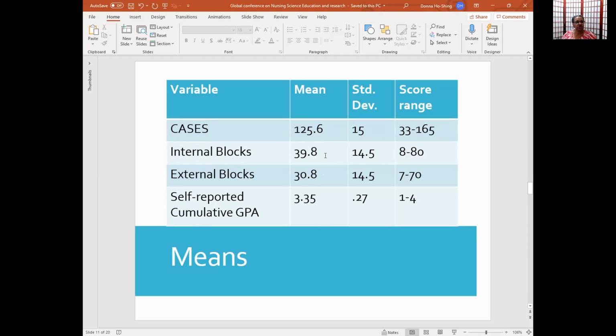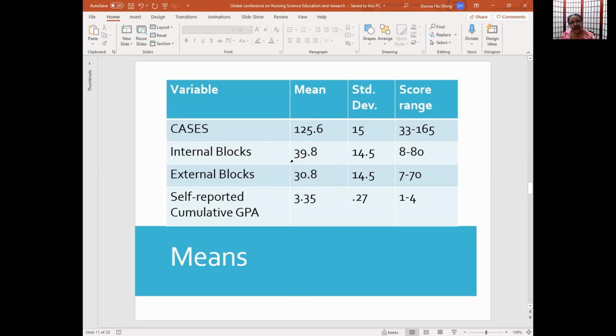The internal block scale had an upper score of 80, and the mean was 39.8, which is not really good.